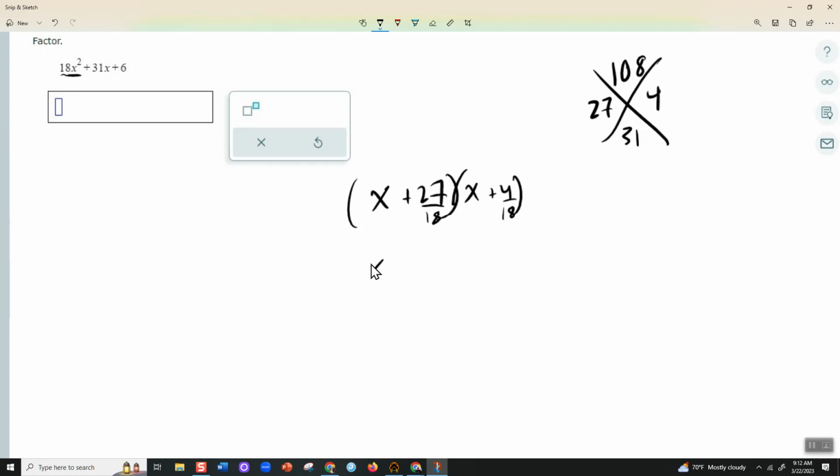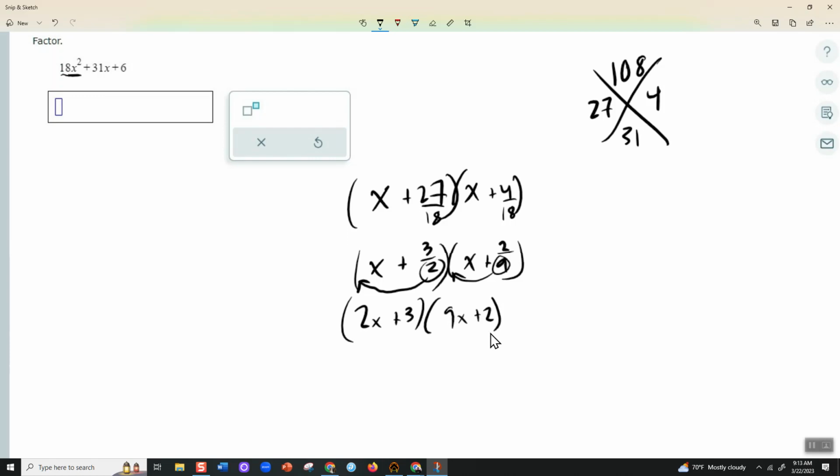These are both divisible by 9. This would be 3 over 2. This would be both divisible by 2. So it would be 2 over 9. And we've got to move the denominator over to the front. So I got 2x plus 3 and 9x plus 2.